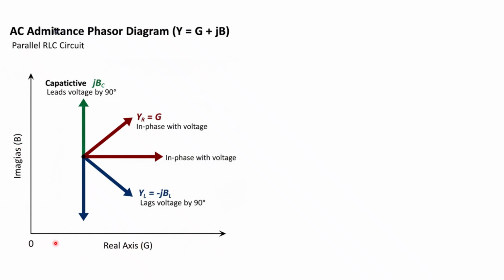If there is no j component, it will have only the real part. But if it has plus j, the voltage will lead by 90 degrees, and similarly if it has minus j, it is lagging by 90 degrees. So depending on the values of the reactance, voltage or current, you can identify whether the voltage or current is lagging or leading.